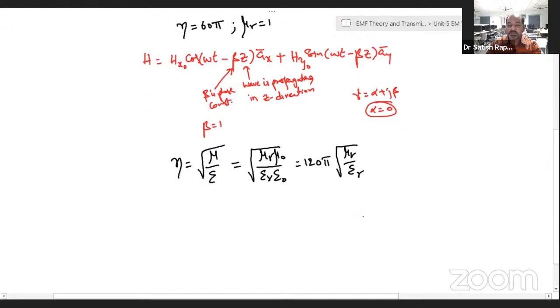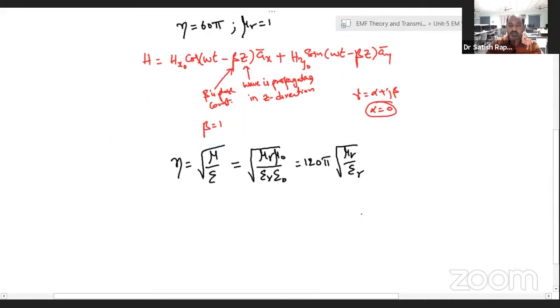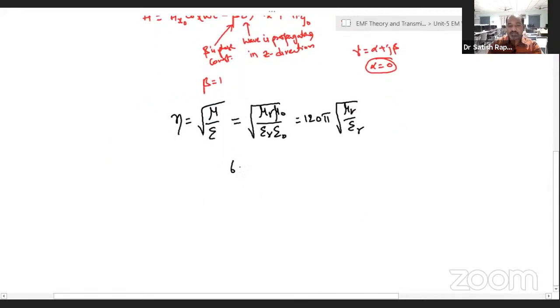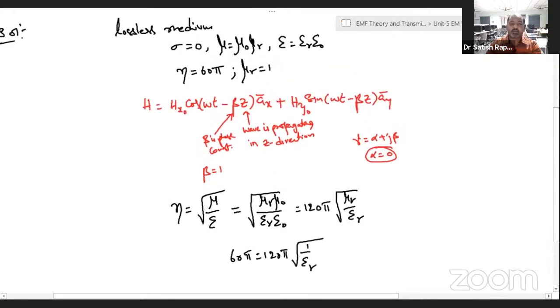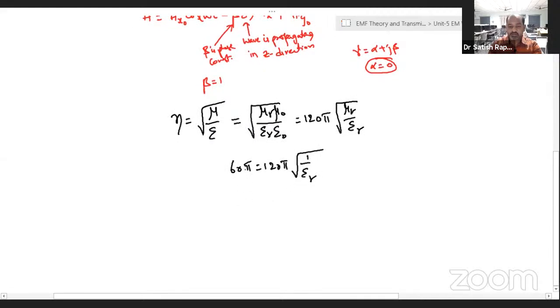Eta is given and mu r is given, so we can determine epsilon r easily: 60 pi equals 120 pi times root over 1 by epsilon r. Substituting and simplifying, we get epsilon r equal to 4.